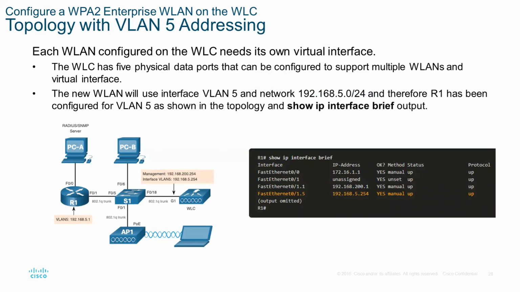So we need to go in and set up our trunking and our sub interfaces. I'm not going to go in on doing router on a stick. We covered that in a previous chapter.